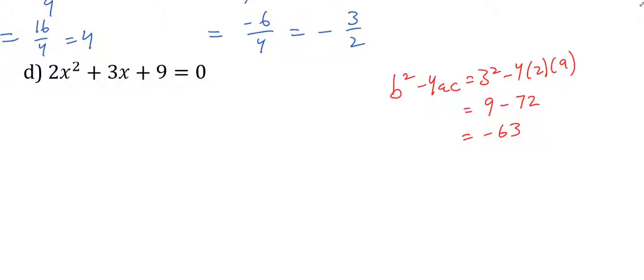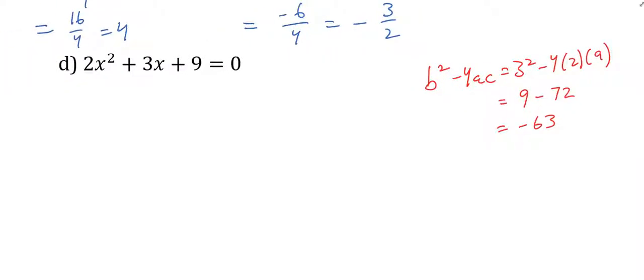So before I solved, once I got it in the right form, I would do the discriminant, and that's going to tell me how to solve it. Watch, which I'm going to summarize for you in a minute. So that's not a perfect square, so you can't factor. So you're going to use a quadratic formula.